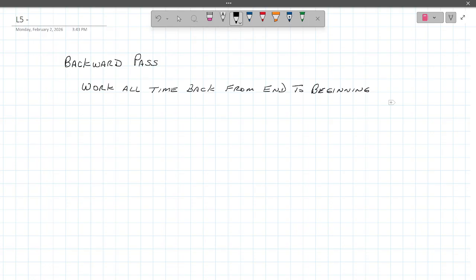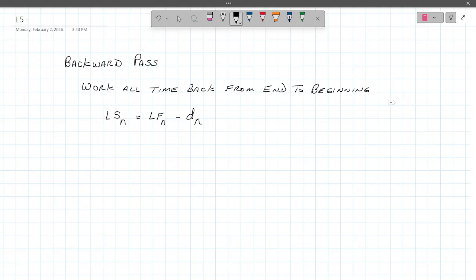And then we're going to have some conversations about critical paths and critical activities. But the formula for this is late start of an activity is equal to late finish of that activity minus the duration of a particular activity.